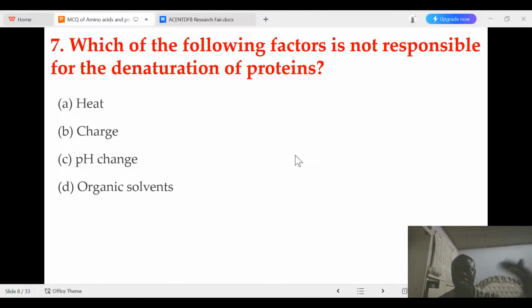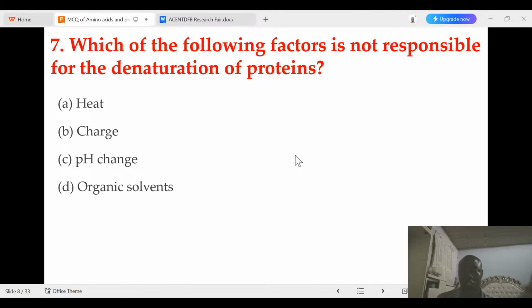If they exceed that temperature, the protein will lose its structure, because when there is an increase of heat, the peptide bond may be affected, so the protein will be broken into individual amino acids, or the hydrogen bonding, the disulfide bonding, and van der Waals forces of attraction will all be affected, and as a result the three-dimensional structure of the protein will be lost.